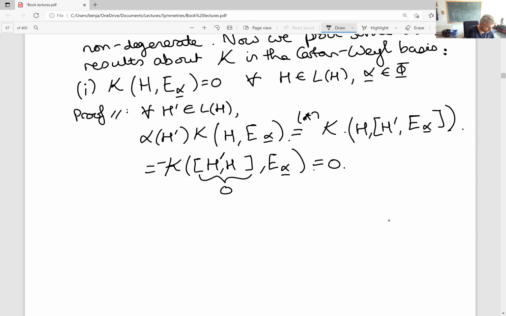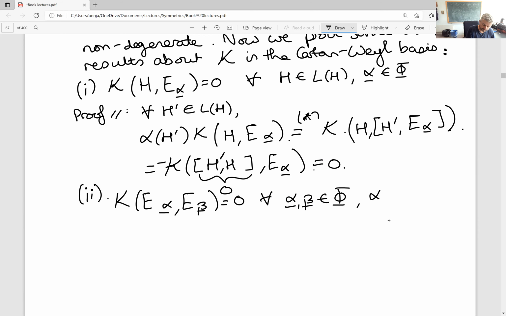Secondly, we have that the Killing form of E^α and E^β is 0 for all α and β in the root set, with α not equal to minus β.